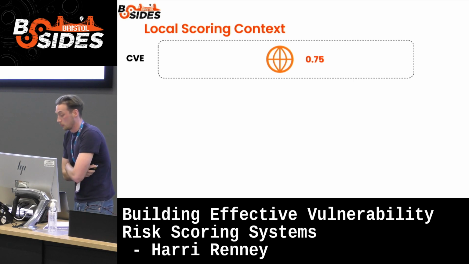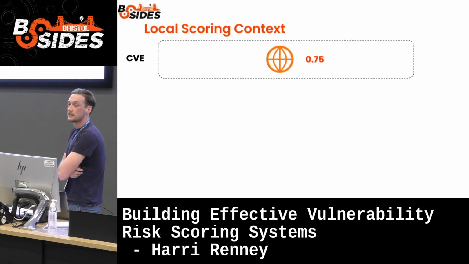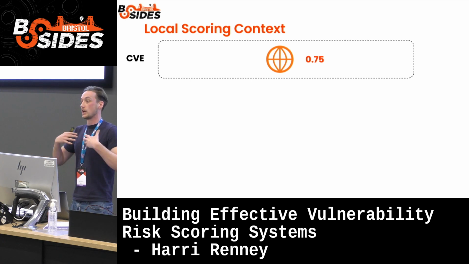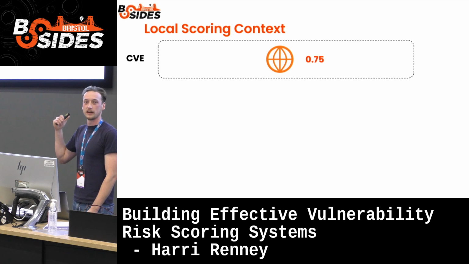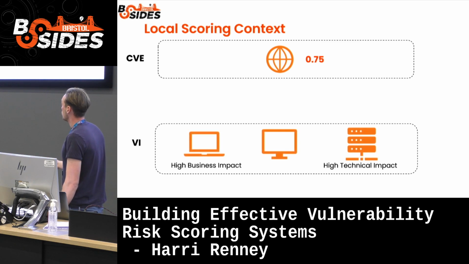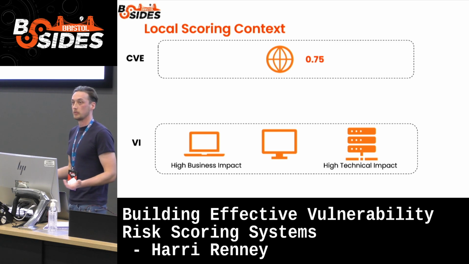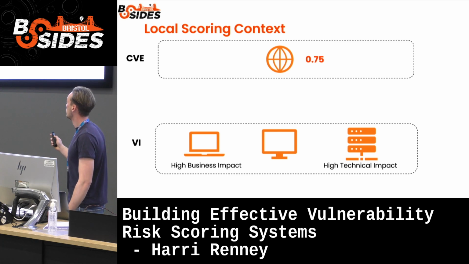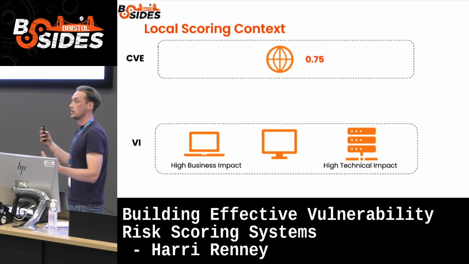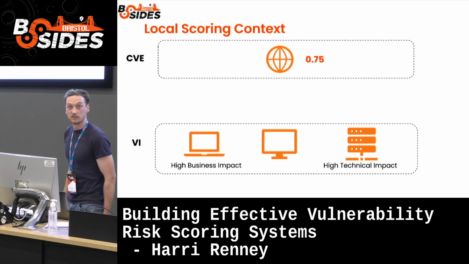And then we haven't even got started and won't really have time to go into local scoring context. I've just talked about CVEs, generalizing: this CVE is 0.75 risk, but is that important to your organization? When you have a vulnerability on your device, let's call it a vulnerability instance, VI, you have your CVE. In general, it's this risk score. But when it actually comes onto one of your devices, how impactful is it actually going to be for your organization?